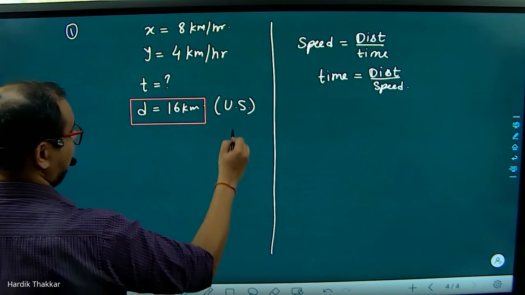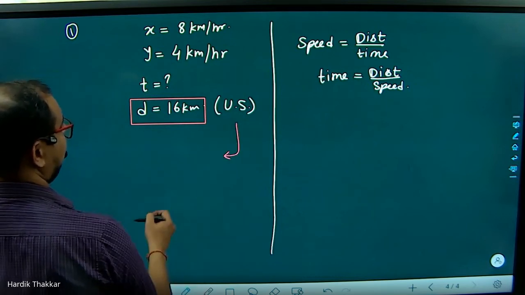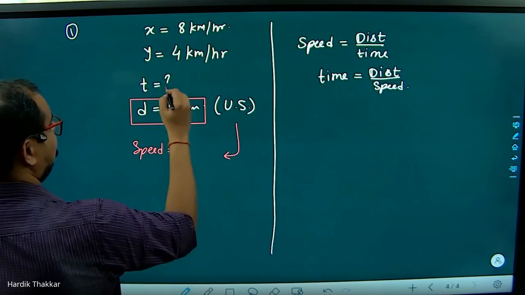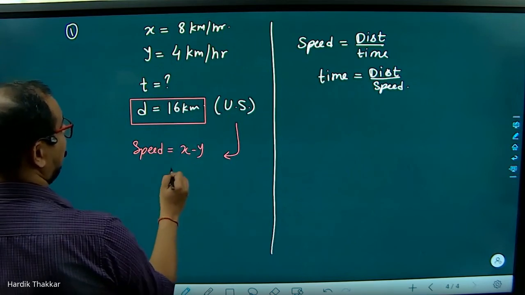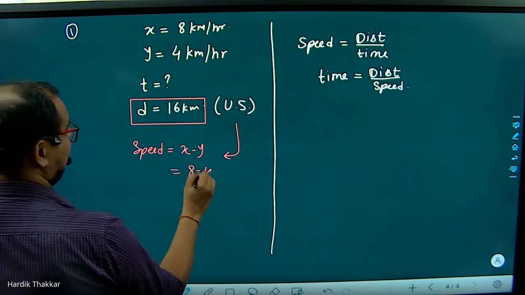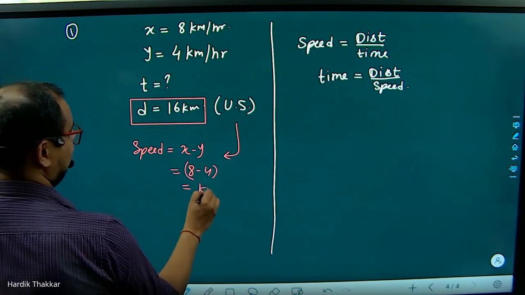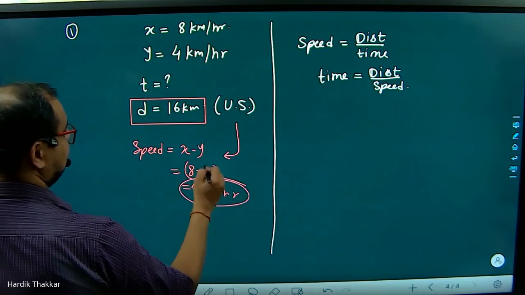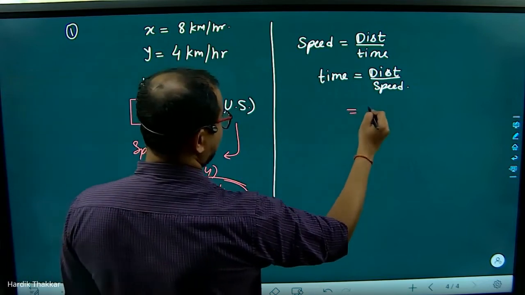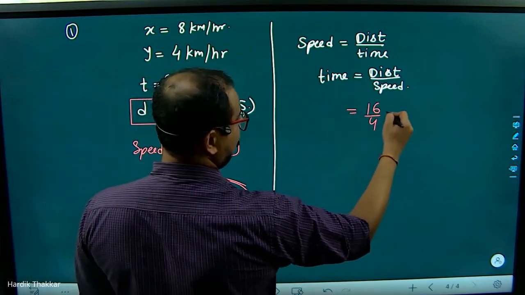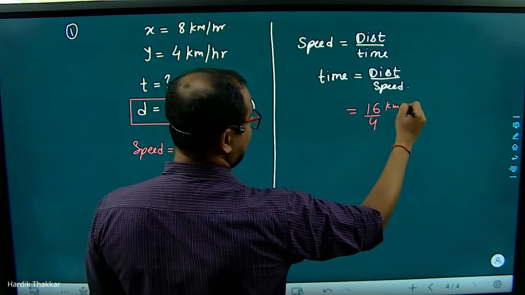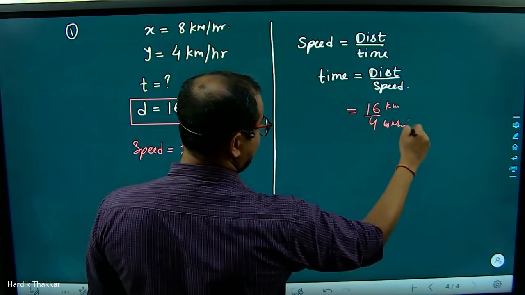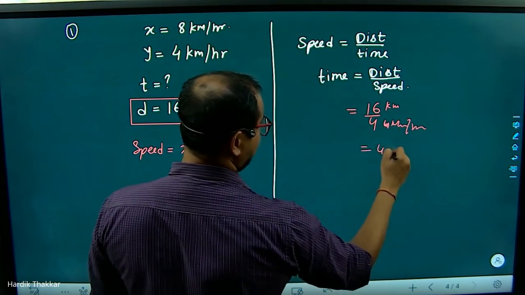Now what about the speed in case of upstream? In case of upstream, the effective speed is x minus y. So it will be 8 minus 4, that is equal to 4 kilometer per hour. Just put the values: 16 kilometer divided by 4 kilometer per hour, and you will get time is equal to 4 hours.